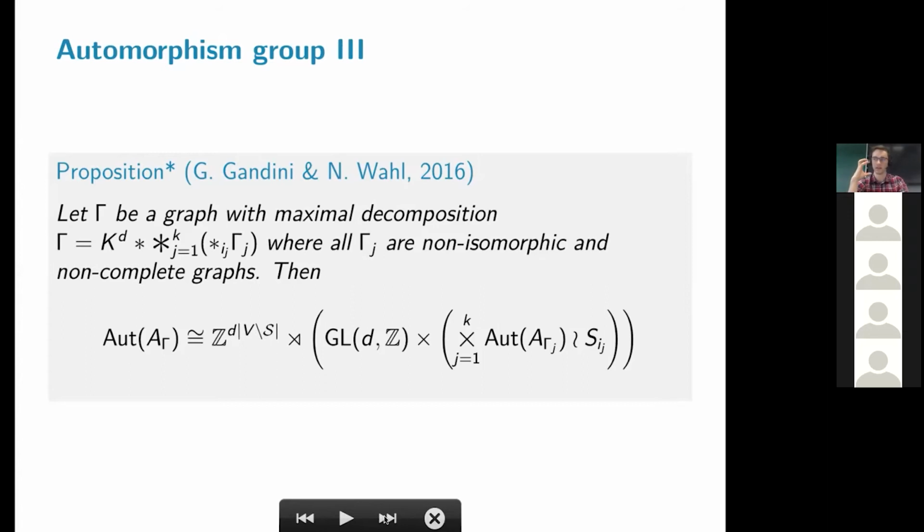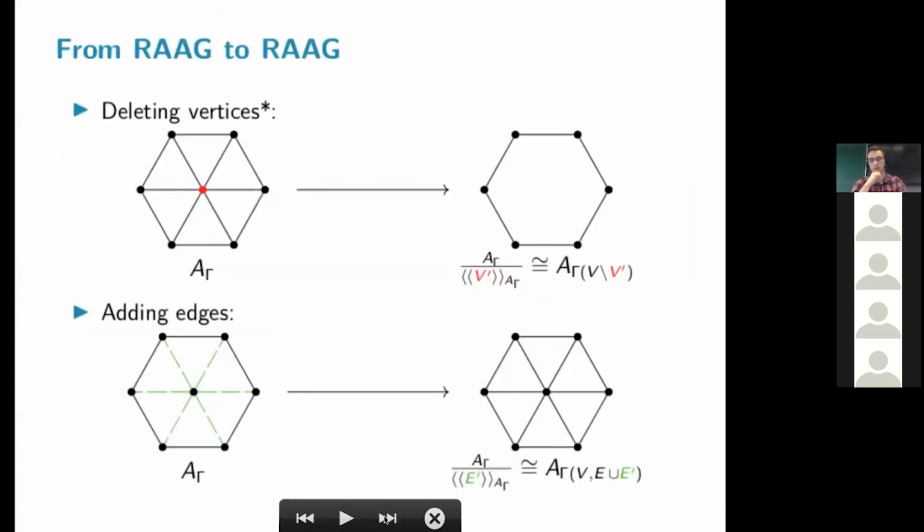And there is a last type of construction that is ubiquitous in group theory, namely quotient structures, or moving from one group to another one in a sort of natural way by factoring out certain elements. And on the level of graphs, this, if I may say so, could not be simpler. And there is a very natural way to move from one graph to another one. In fact, there are two. You can either delete vertices and corresponding edges, or you can just add edges on your graph.